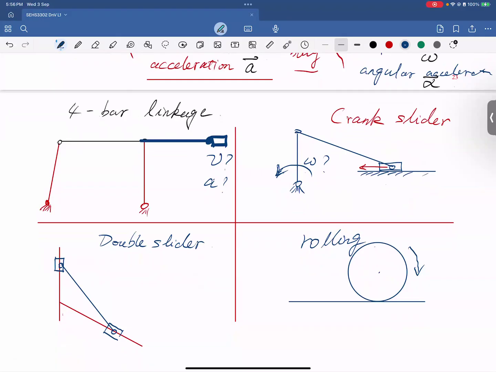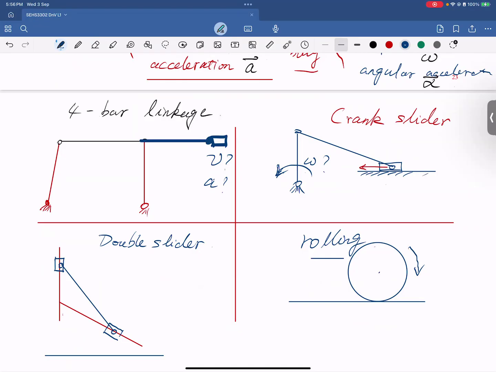For the double slider, we have flexible mechanisms for specific utilization. For example, in construction, right? We can use such a double slider to act as a plotter to plot spheres or other specific shapes. For the rolling, also widely used, right?